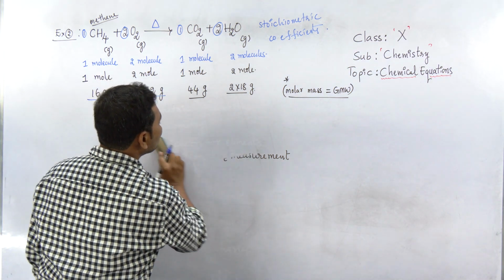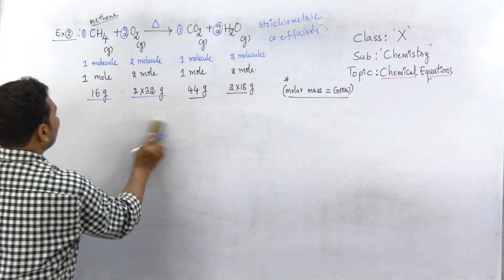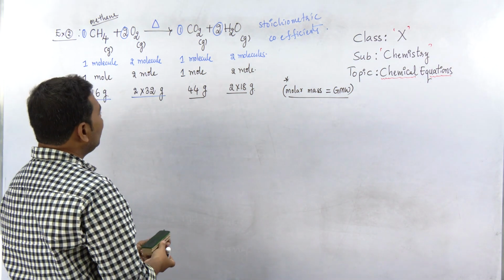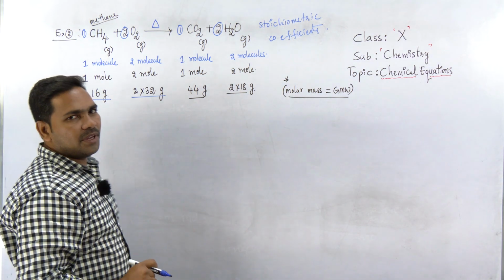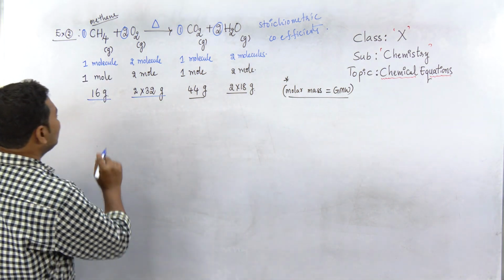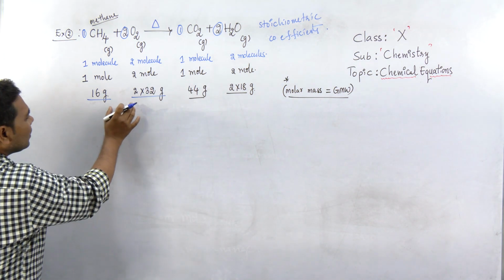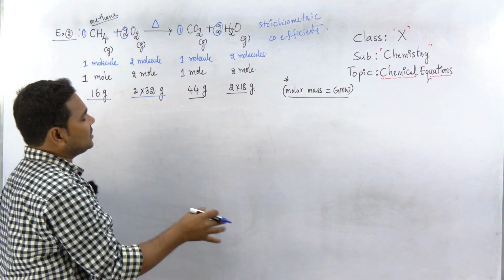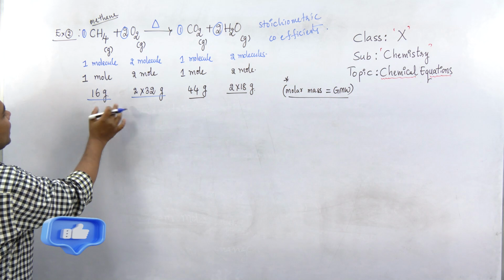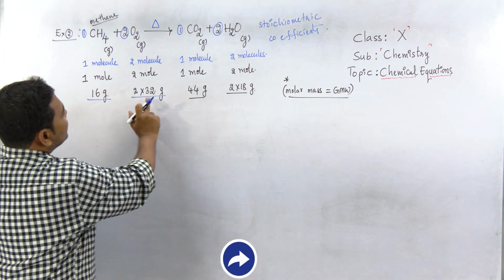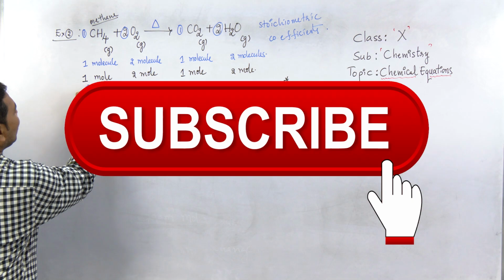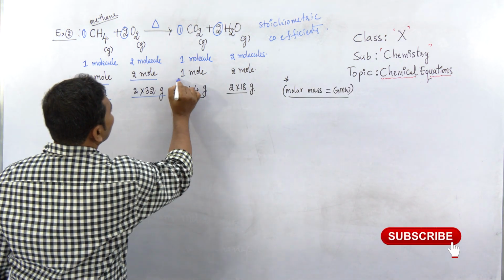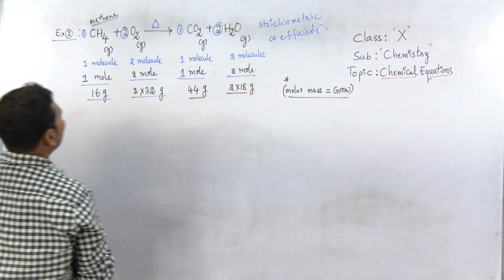We shall discuss some examples later. Now 16 grams, 64 grams, 44 grams and 36 grams. So we also understand this is 1 mole, this is 2 mole, this is 1 mole, this is 2 mole.